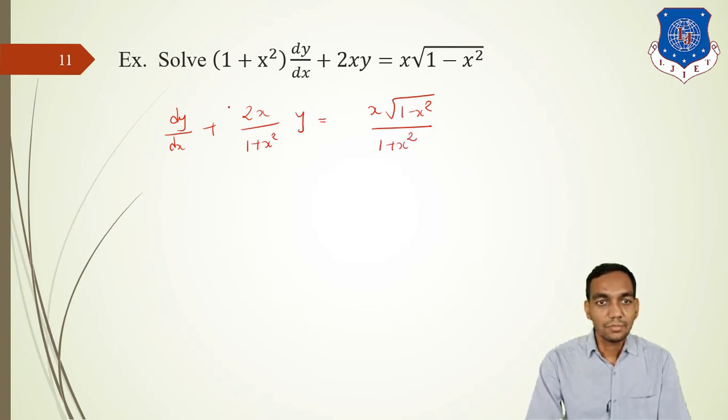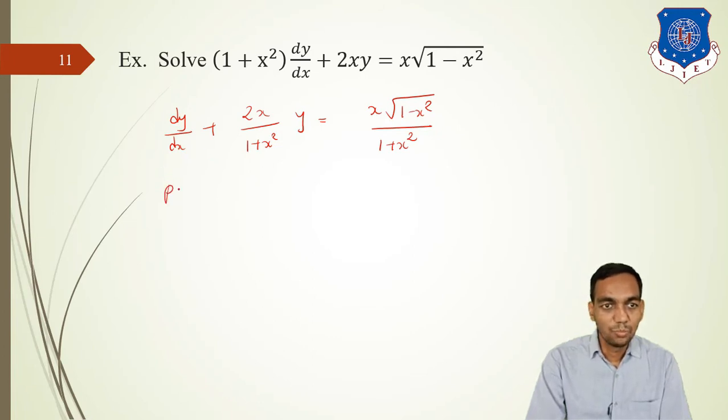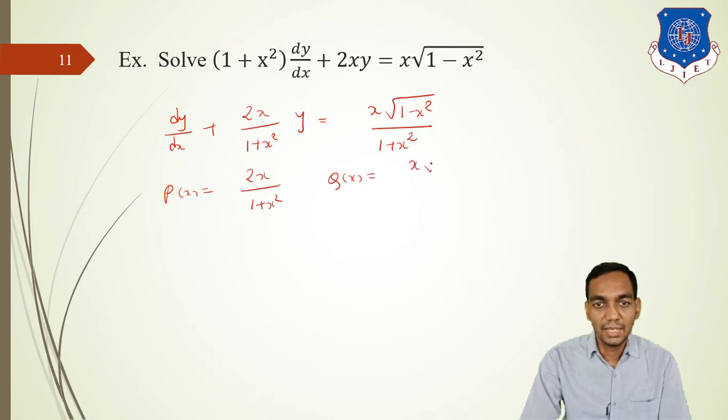So what we are going to do is compare it with the standard equation. So you have P(x) is equal to 2x upon 1 plus x square. Q(x) is going to be x under root 1 minus x square upon 1 plus x square.